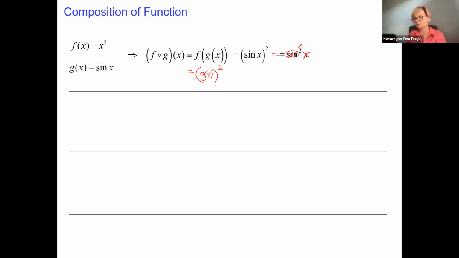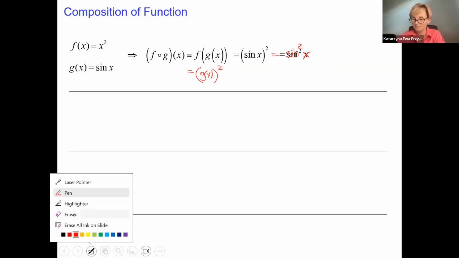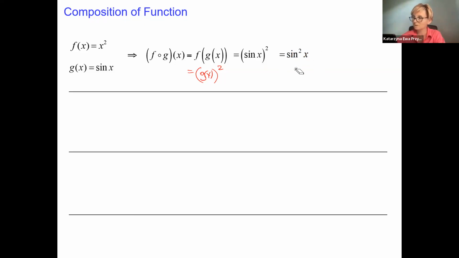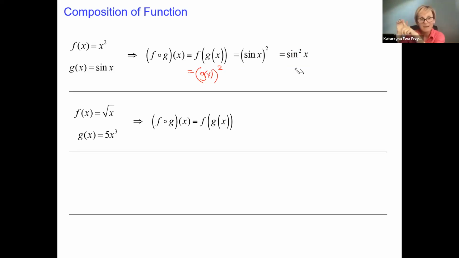Now, square root of x and 5x cubed. Please tell me what will be the composition. You can type f compound with g. Now, f is square root of x, but we don't want x.